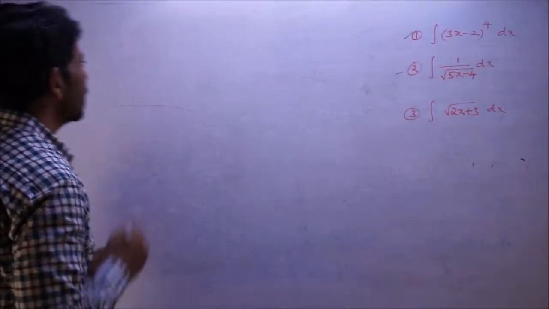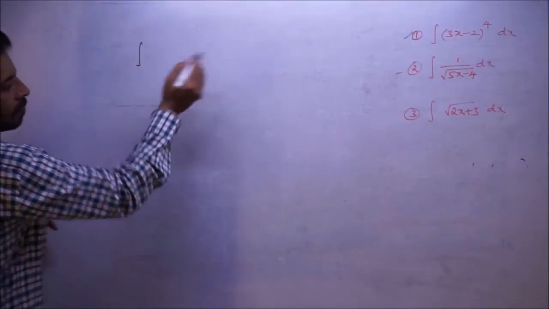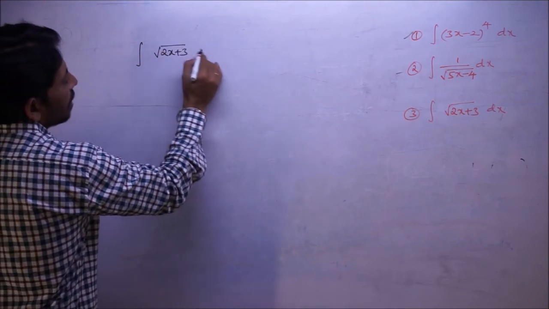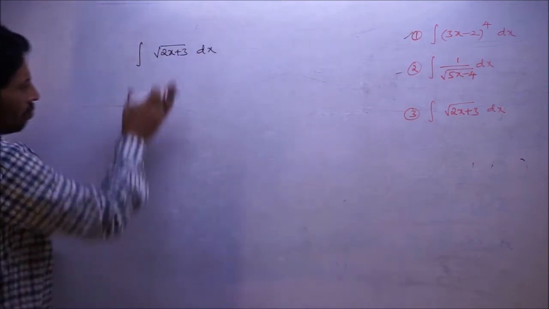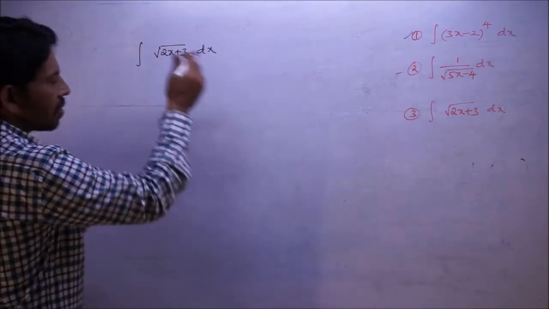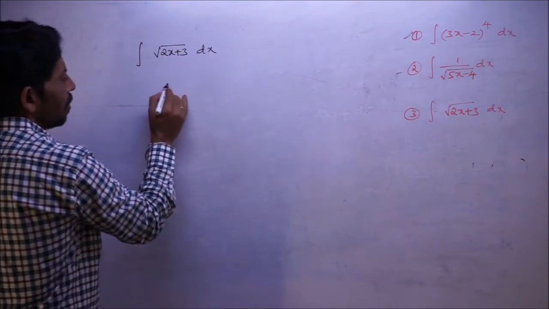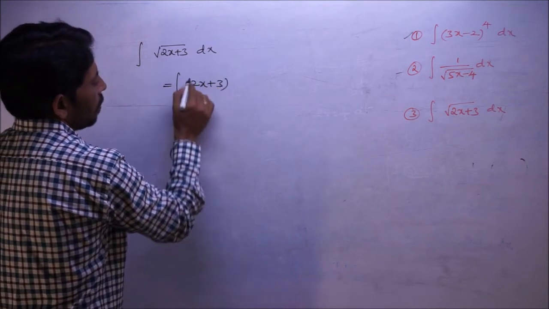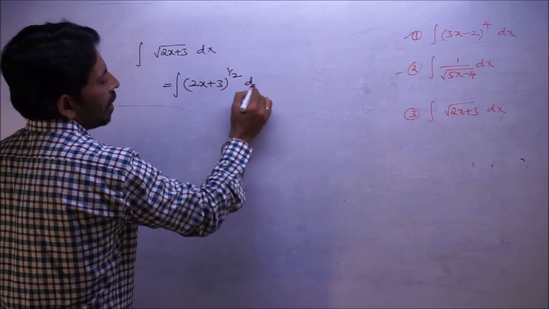Third one. What is that? Integral of root of 2x plus 3 dx. Now if we apply the previous concept, what will we get here? This is integral of 2x plus 3 whole to the power of 1 by 2 dx.